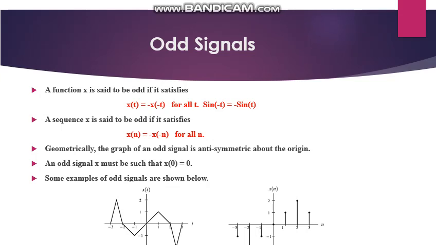So geometrically, the graph of an odd signal is antisymmetric about the origin. If you draw a line along the x-axis and think about it, you can see that it is one kind of a mirror.